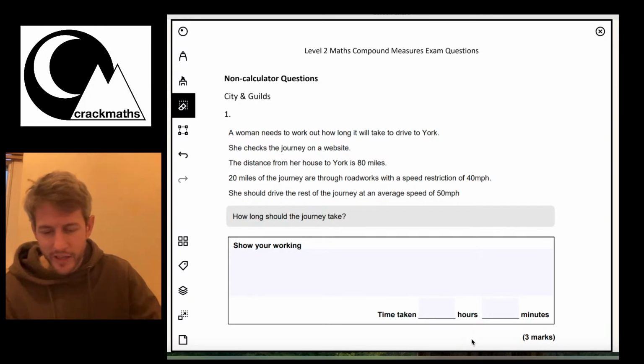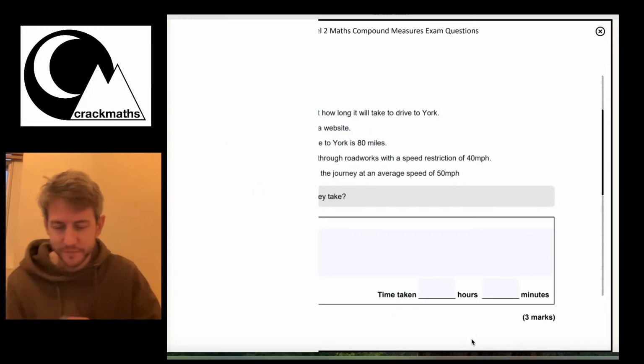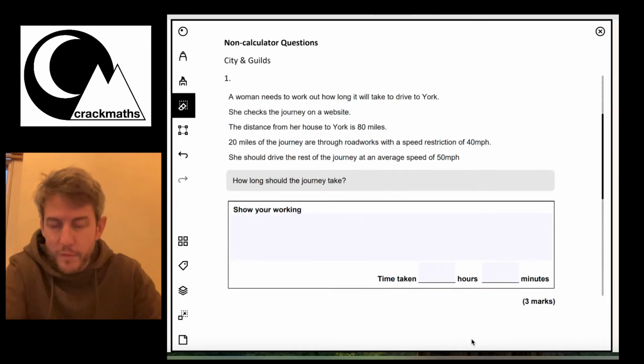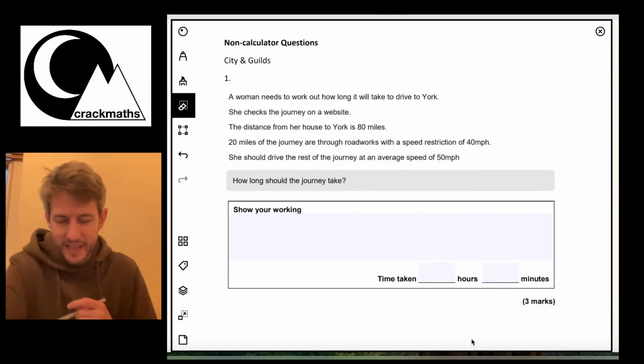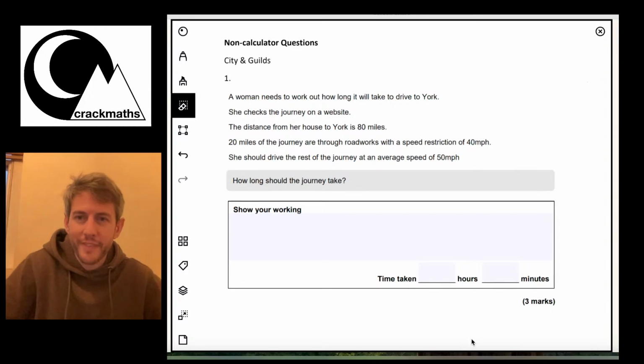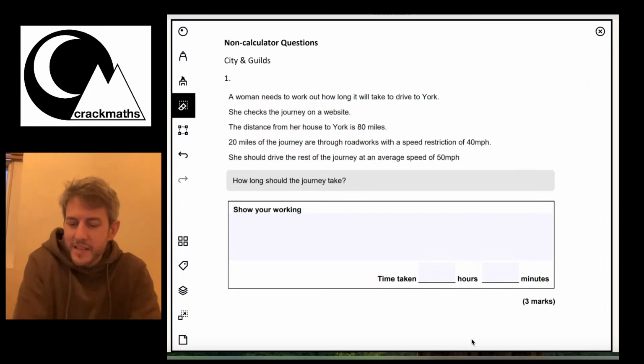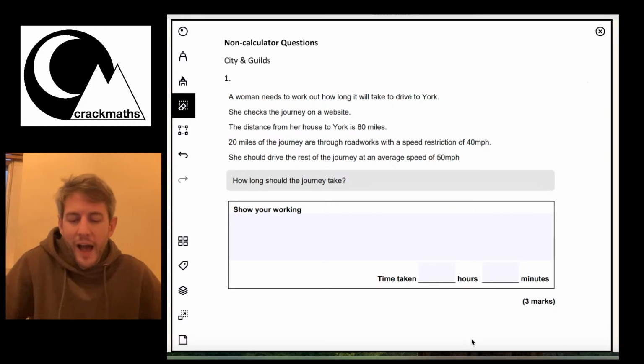Let's have a look at this first question. This is from a City and Guilds exam paper, the non-calculator section of this sheet. It says a woman needs to work out how long it takes to drive to York.